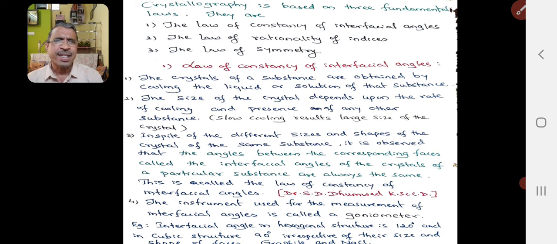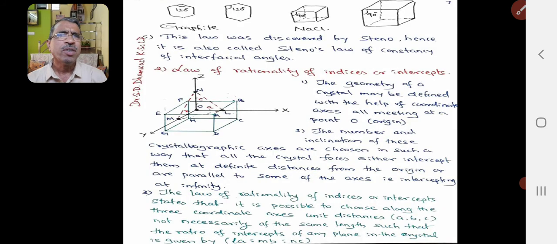Let us take an example. The interfacial angle in a hexagonal structure is 120 degrees and in a cubic structure is 90 degrees, irrespective of the size and the shape of the crystal. If a crystal crystallizes in cubic form, whether it is a big cube or a small cube, we have the same angle, that is 90 degrees. If we take an example of sodium chloride.